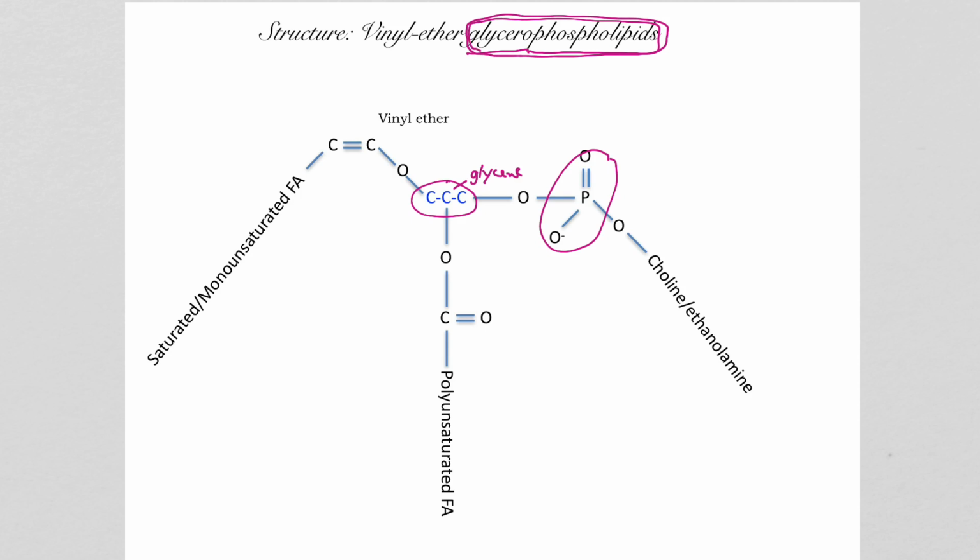But what makes plasmalogen very special, very different from the others that we talked about, is this linkage here that we call the vinyl ether linkage. So basically plasmalogen is a vinyl ether glycerophospholipid.